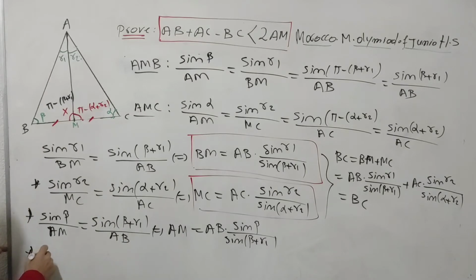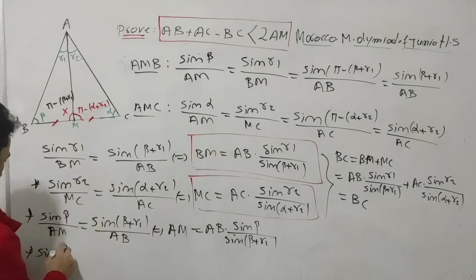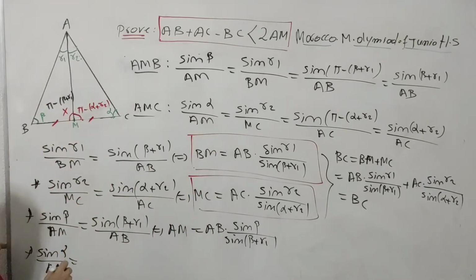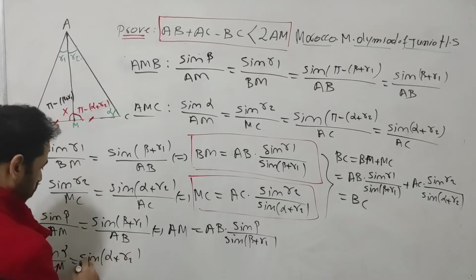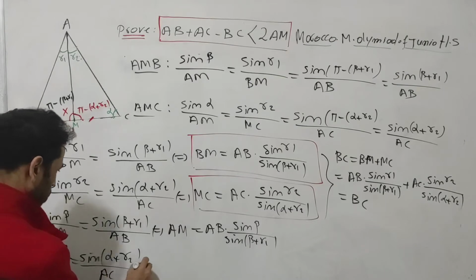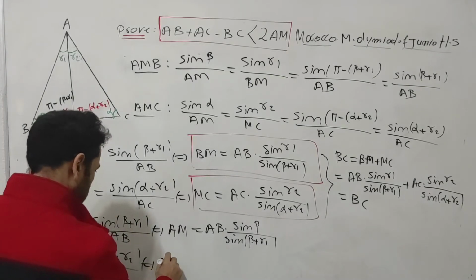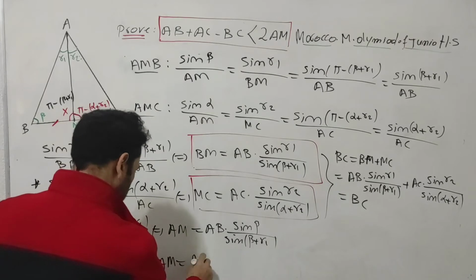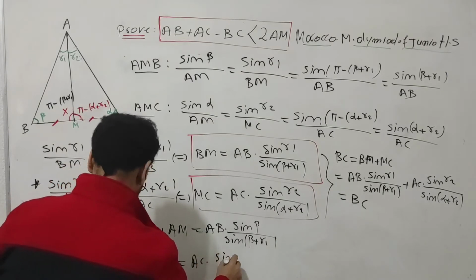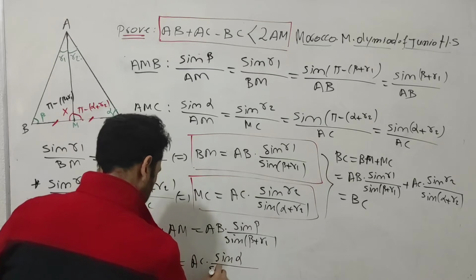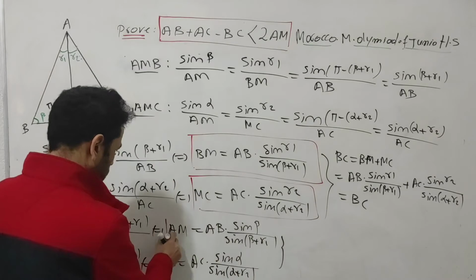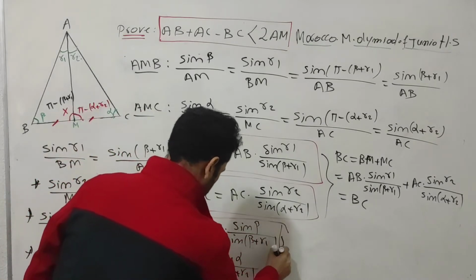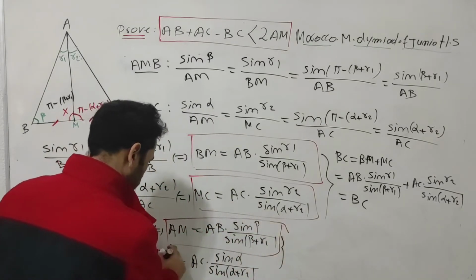For the second triangle, I have sine alpha over the distance AM equal to sine of alpha plus gamma 2 over the distance AC, so AM equals AC multiplied by sine alpha over sine of alpha plus gamma 2. This is the third equation, and this is the fourth equation.